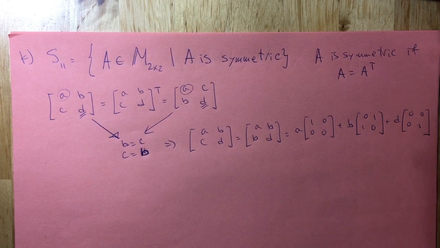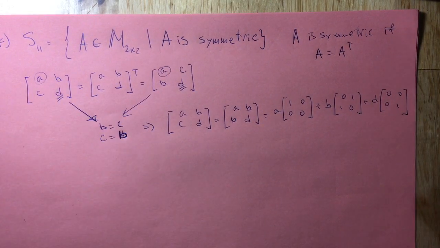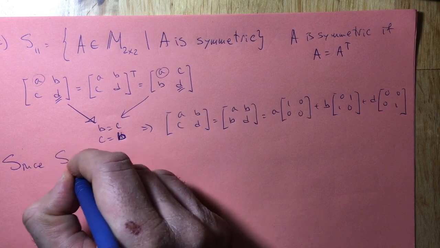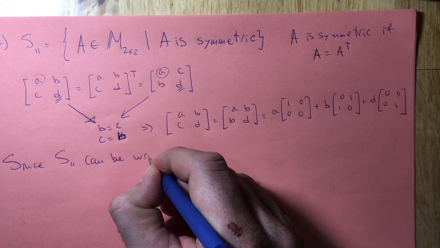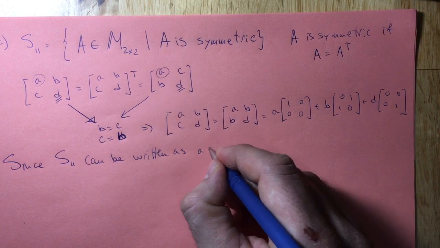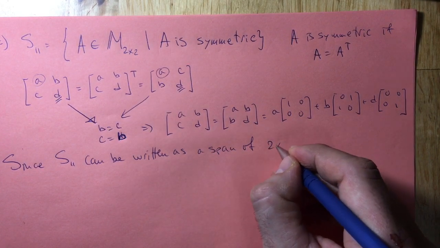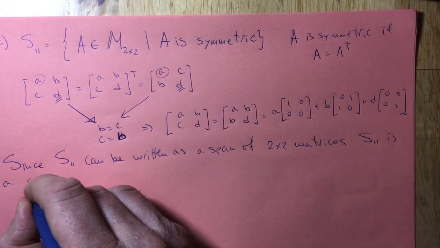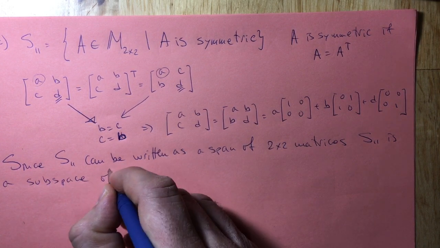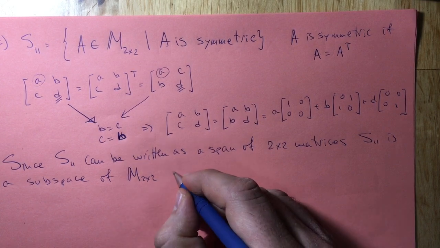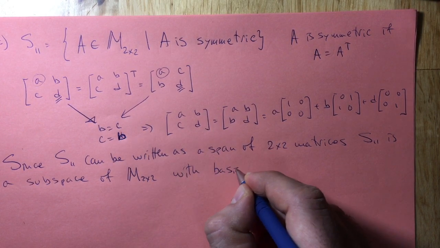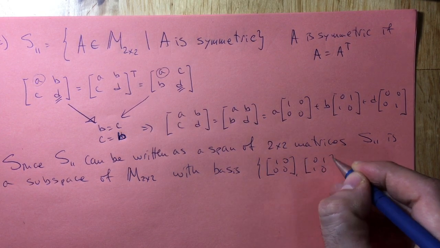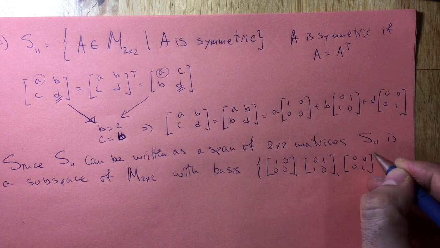And again, you write the conclusion: since S11 can be written as a span of 2 by 2 matrices, S11 is a subspace. A basis is 1 0 0 0, 0 1 1 0, 0 0 0 1.